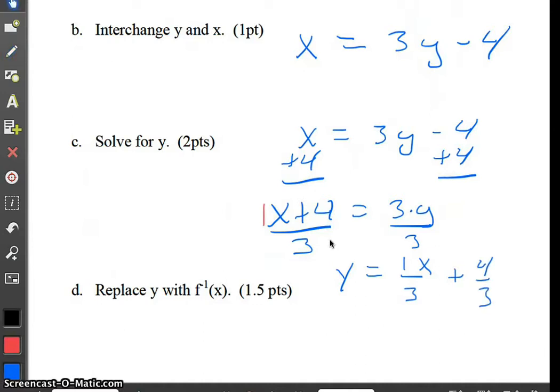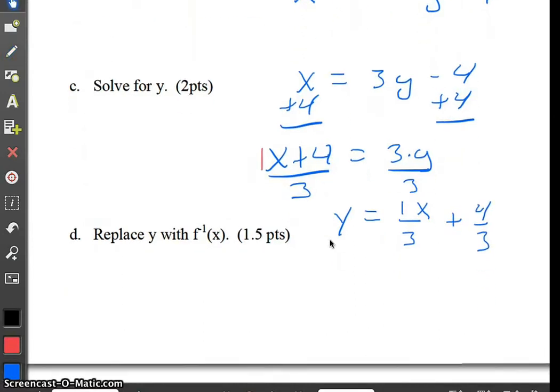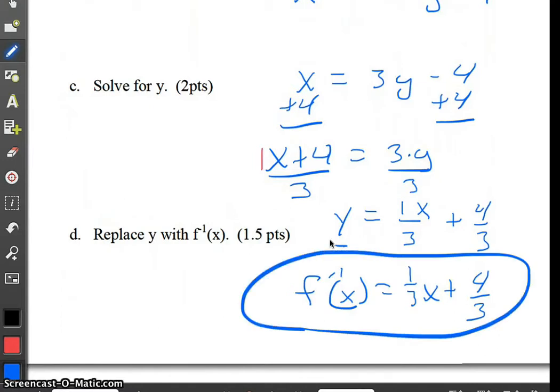Next step here, it says replace y with f of x. So I'm going to change this y to f inverse of x equals 1/3 x plus 4/3. And now I have found the inverse of the function.